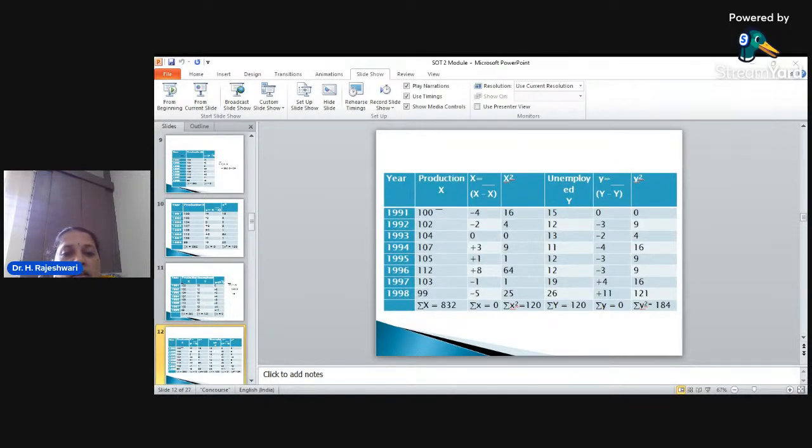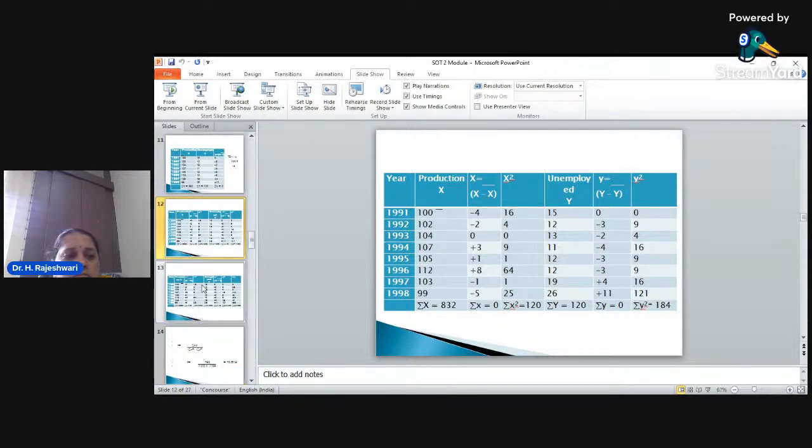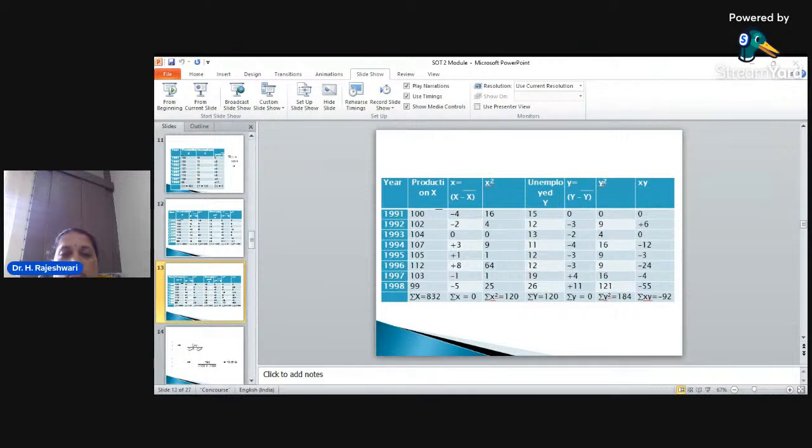After you find out the y value, find out the y square value. Now you calculate the y square value, and you can see you'll be getting 184.